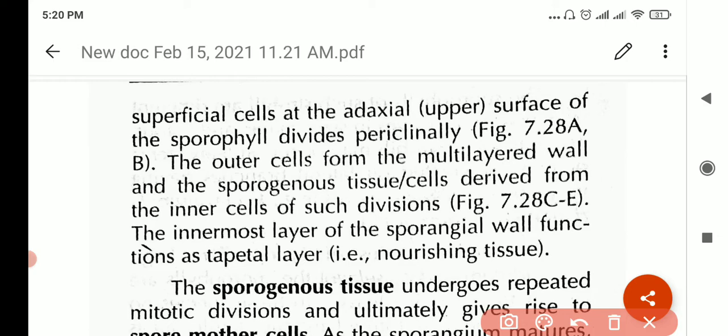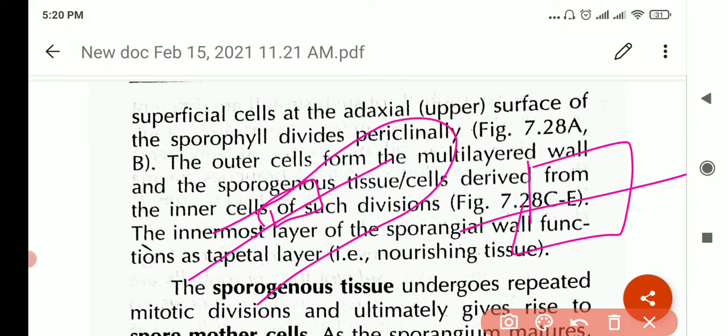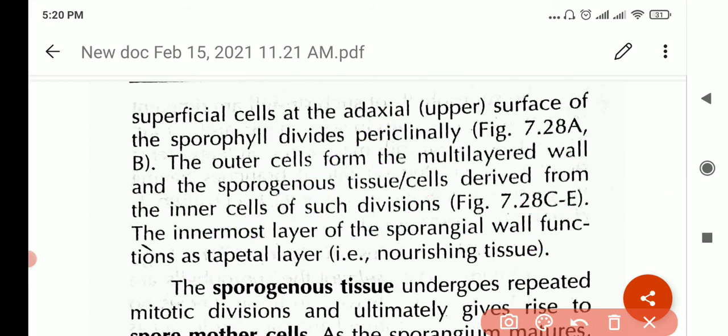So we have that outer layer of cells. Then they will divide like this, periclinal, up and down. After it divided up and down, we got 2, 1 and 2.